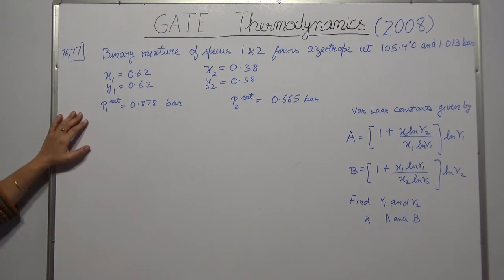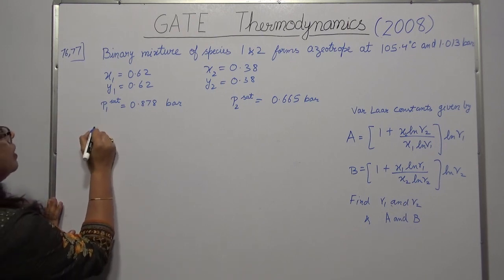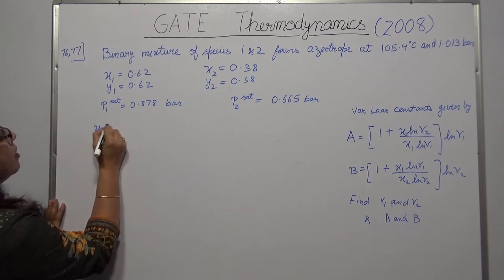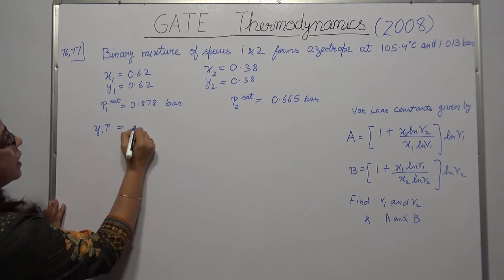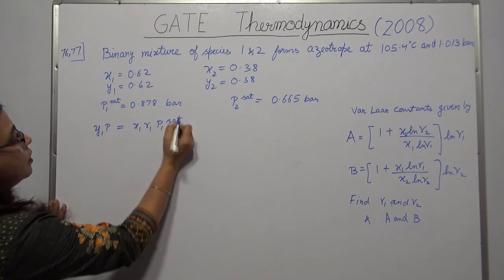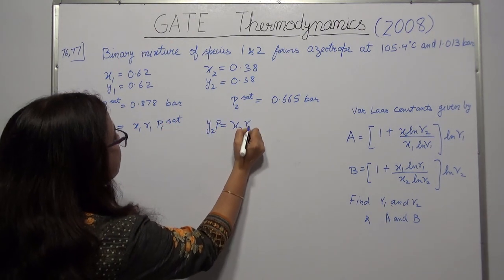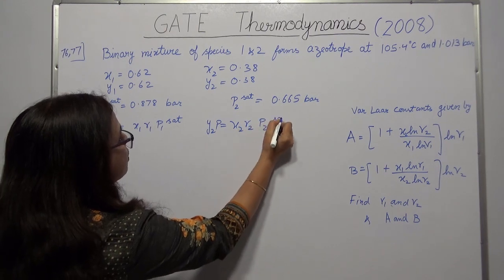In order to calculate your activity coefficients, I am going to use my modified Raoult's law. It is written as y1 times total pressure P equals x1 gamma 1 P1 saturation. Similarly, y2 P equals x2 gamma 2 P2 saturation.